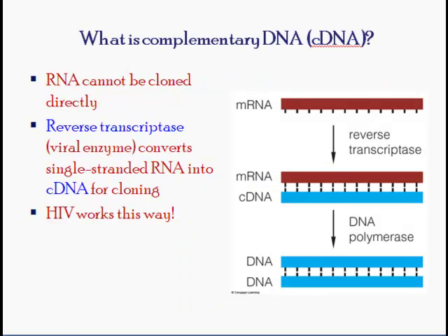To make foreign DNA, a lot of times it is necessary to understand a little bit of biotechnology, and in this particular example I'm going to show you how HIV works. HIV is usually present in viruses, and it has RNA. It's an RNA virus, and when it infects a host cell, it undergoes a very unique process called reverse transcriptase. Now remember, in the previous lecture we talked about DNA making an RNA.